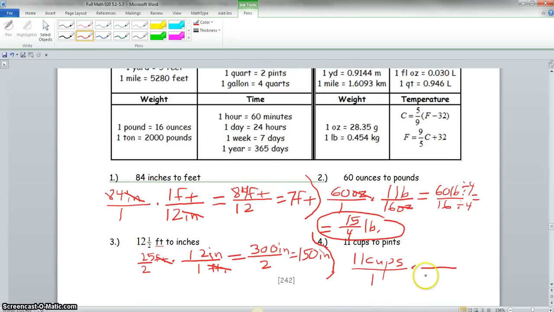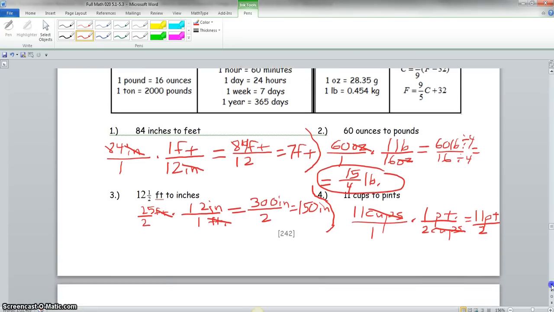So we know our 2 cups goes in our denominator, and our 1 pint goes in our numerator. Now these cups will simplify out, and 11 times 1 is 11, and 1 times 2 is 2. So it'll be 11/2 pints. And that will be your final answer for number 4.